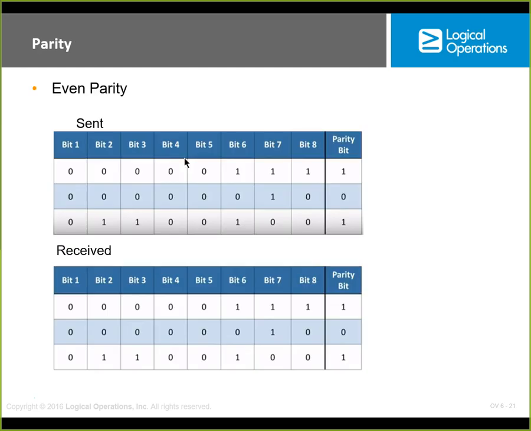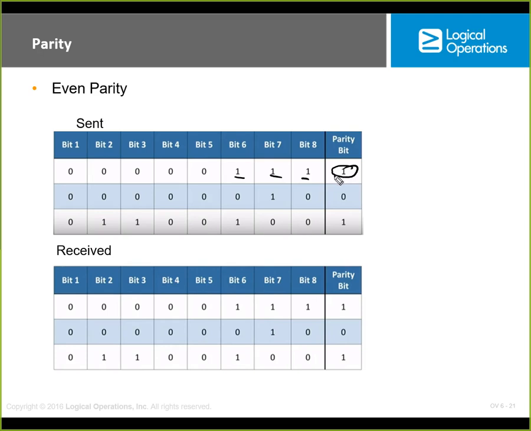But if we do have parity, what even parity does here is we want an even number of ones. So in this one, 1, 2, we have 3 ones, so we make the parity bit 1 so that we have an even number of ones.